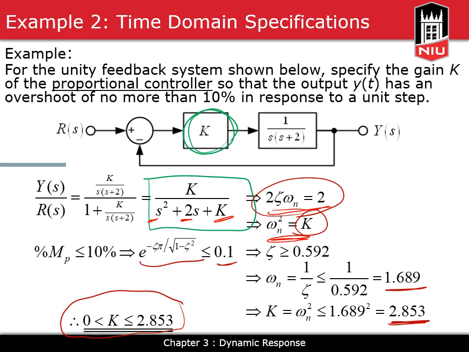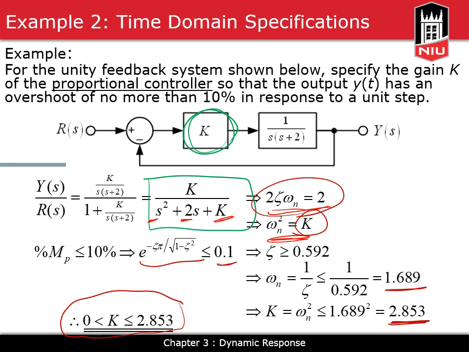So in this problem, we actually went the opposite direction. We started with a value for the overshoot, and we found one of the parameters of the system to have that specific value of the overshoot. So this could also be one problem that could show up in many places.